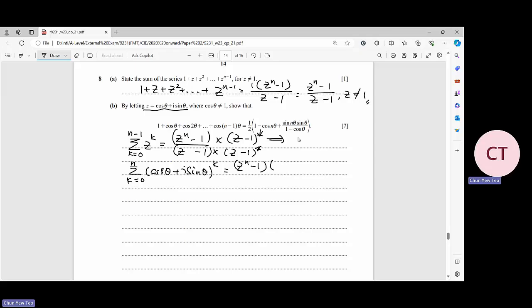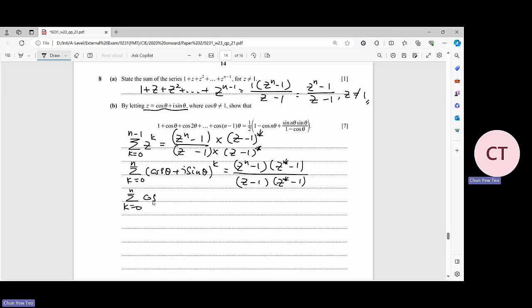You need to know that we have a property for the conjugate, z conjugate minus 1. We have discussed this before in our lesson. So this will be z conjugate minus 1 over z minus 1 multiplied by z conjugate minus 1.